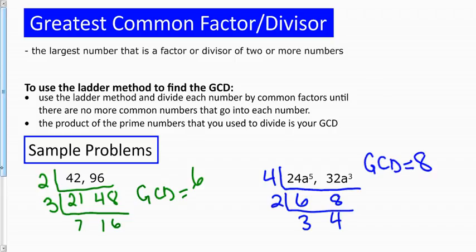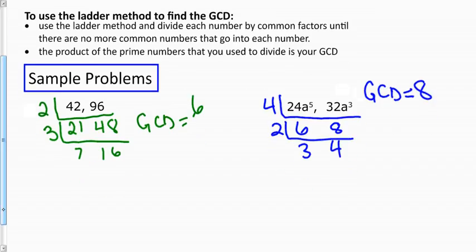But now I have the variables to consider. So one of the things that's helpful here is if we just think about what a to the 5th really means, right? We know that really means a times a times a times a times a. I've got 5 a's. And a to the 3rd, that's just a times a times a. Well, then ask yourself, what do these have in common?